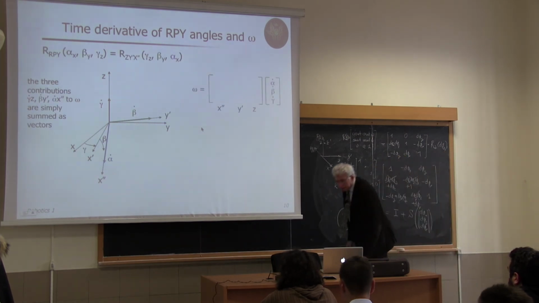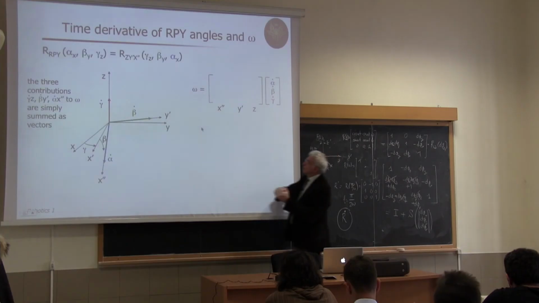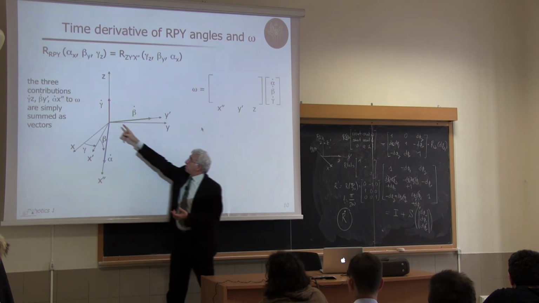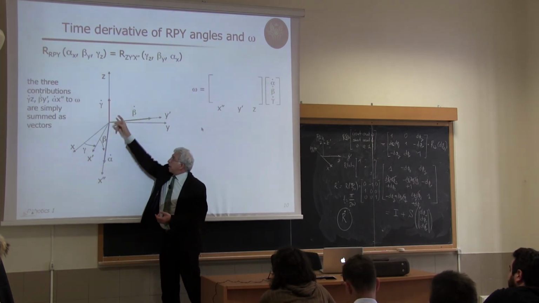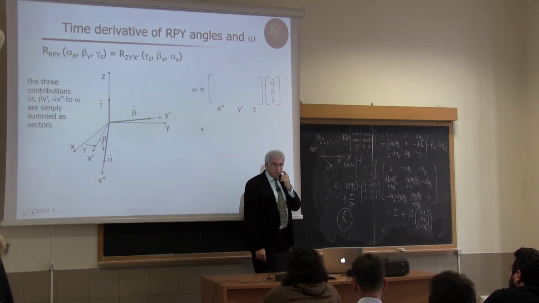Now this requires some geometric view, but at least for some components this is simple. So look at this. I'm organizing this as the three contributions. I have to sum this vector plus this vector and this vector. The intensities are given by alpha dot, beta dot, and gamma dot.